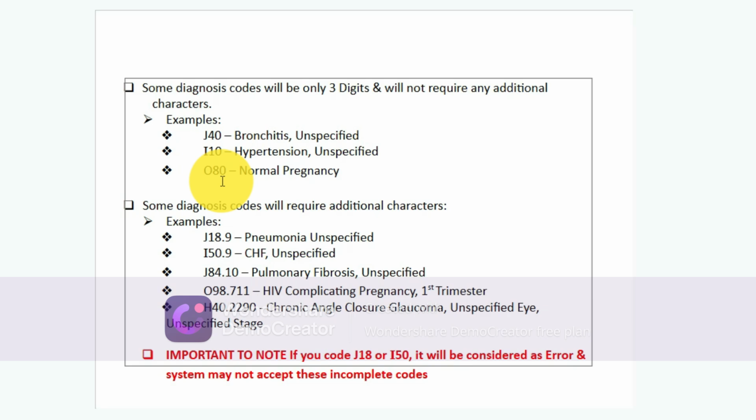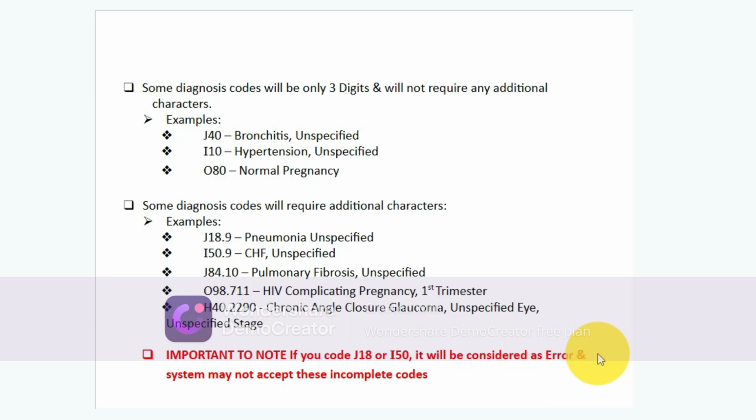Important note: if you code J18 or I50, it will be considered an error and the system may not accept these incomplete codes. So we need to check and code the complete code.